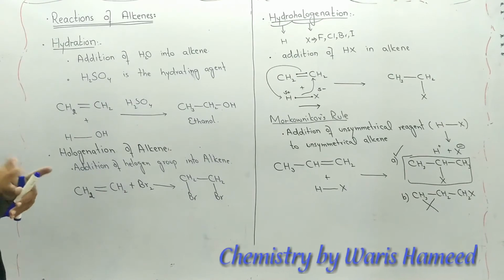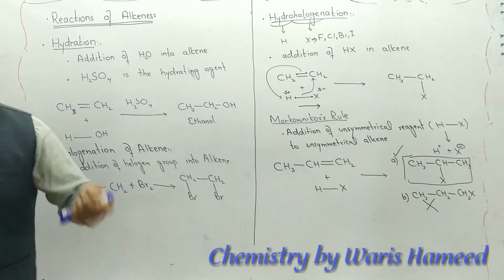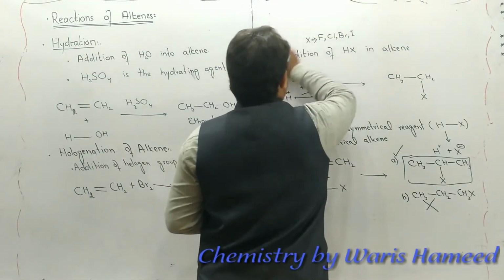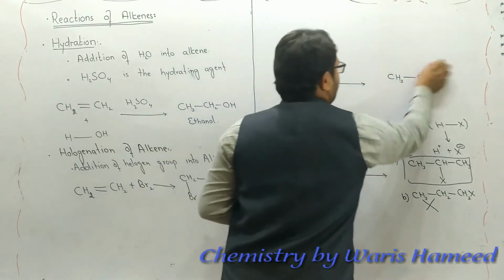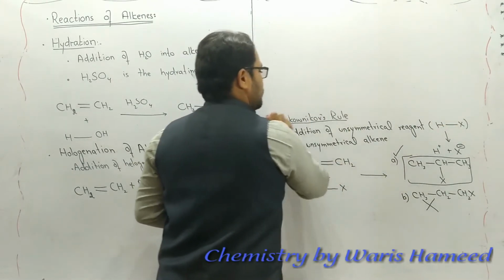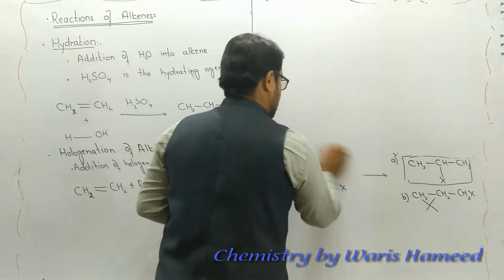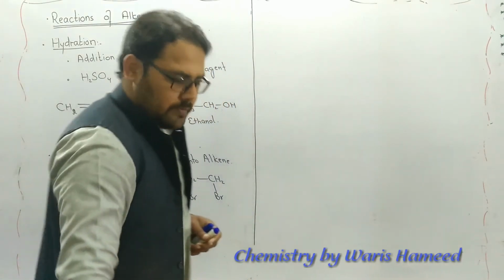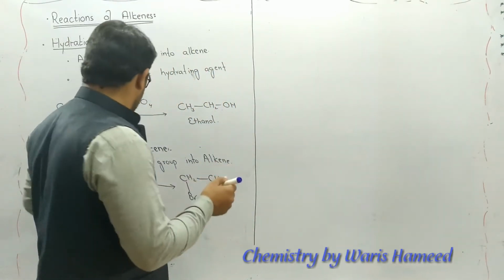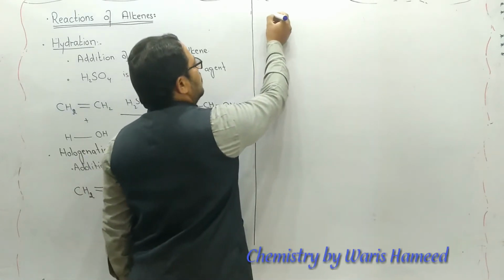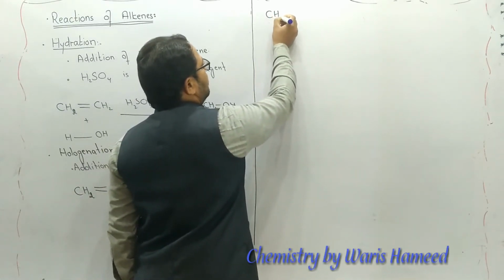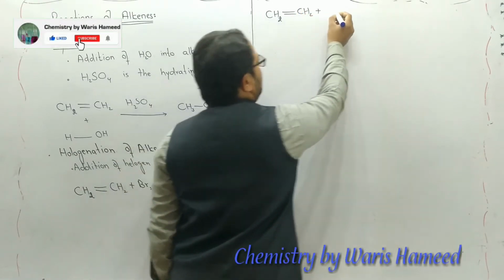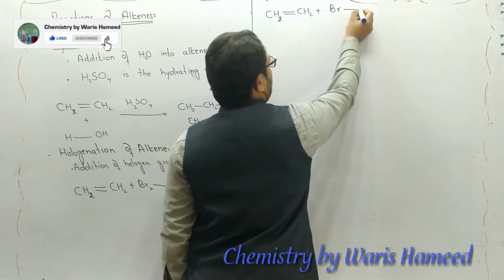What's the mechanism for this reaction? Now let's discuss the mechanism. Here is ethene, double bond CH2, and here is bromine, Br single bond Br.